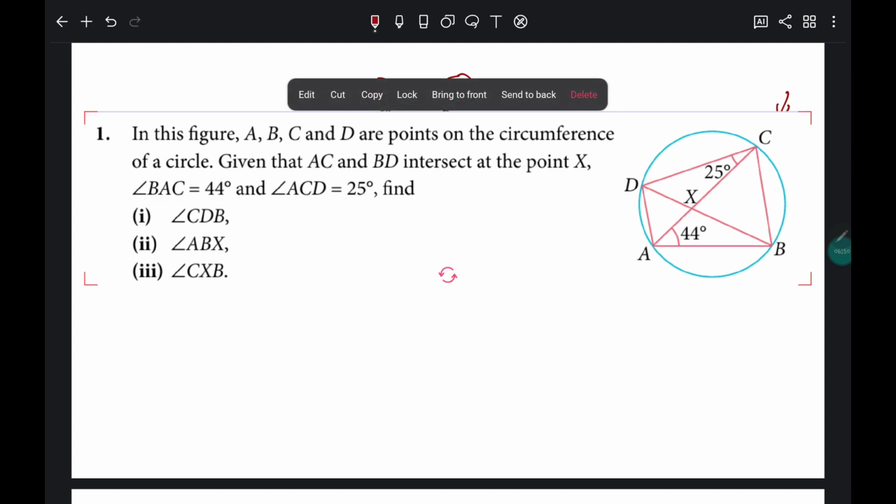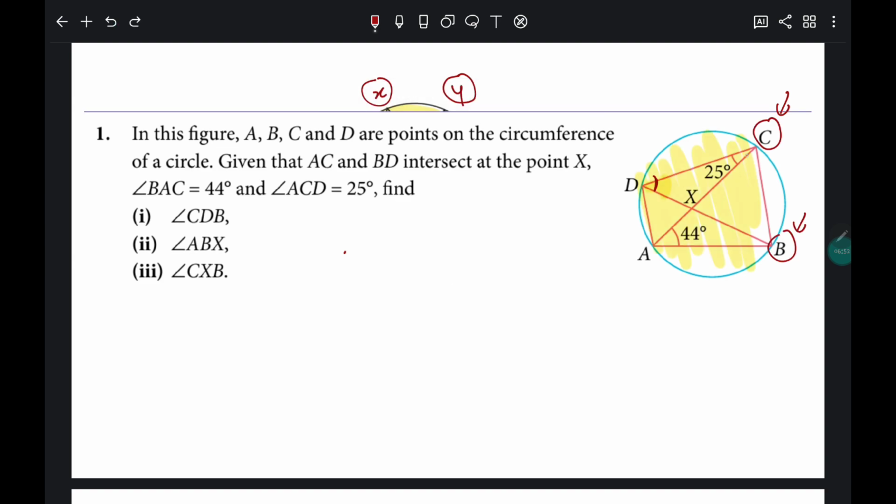From the same 2 points, I can extend to A, from B to A. So this angle is 44 degrees. If this angle here is 44 degrees, using the same 2 points C and B, I extend to the other point D. These two angles have to be in the same segment.